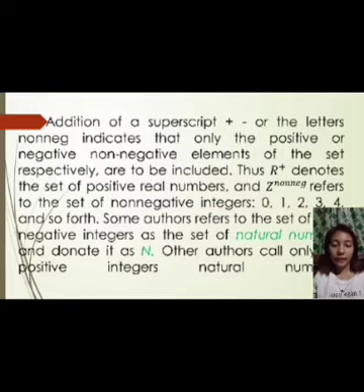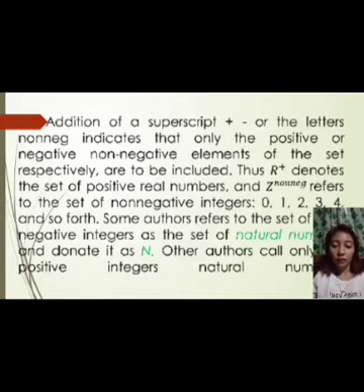Addition of a superscript plus, minus, or the letters non-neg indicates that only the positive, negative, or non-negative elements of the set, respectively, are to be included. Thus R plus denotes the set of positive real numbers, and Z non-neg refers to the set of non-negative integers 0, 1, 2, 3, 4, and so forth.